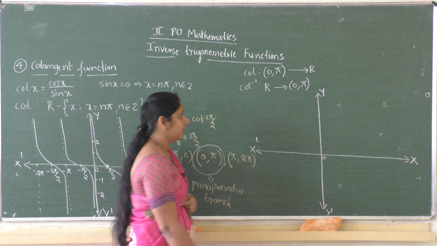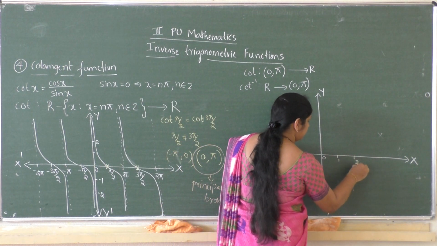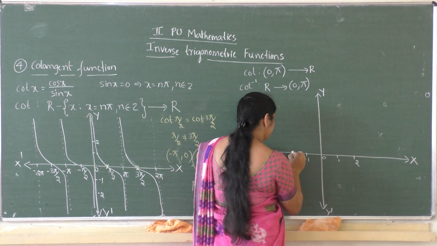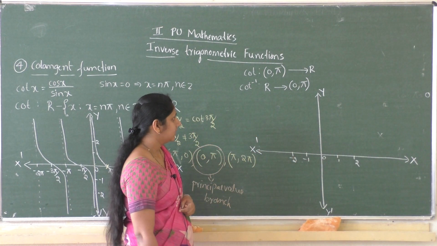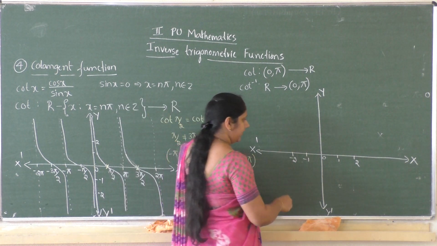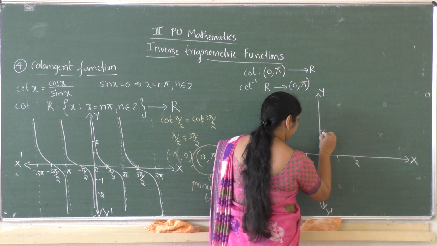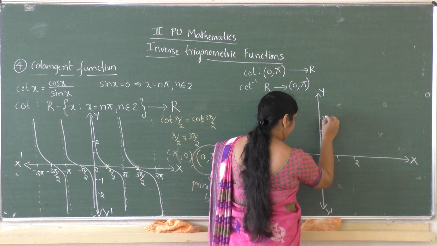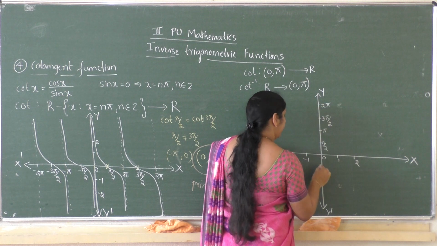So along the x-axis we have to take real numbers: 1, 2, here minus 1, minus 2, and so on. And along the y-axis we have to take the radian measures, that is pi by 2, pi, 3 pi by 2, 2 pi.